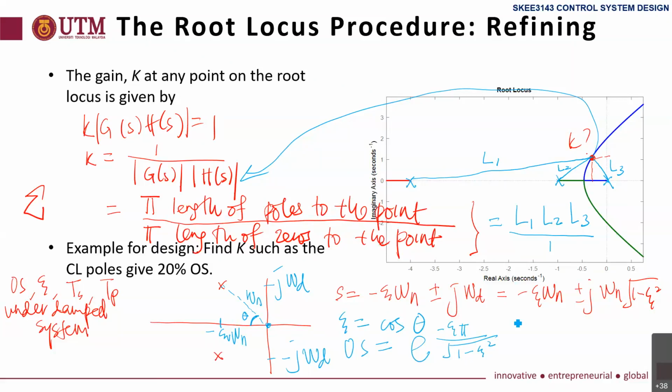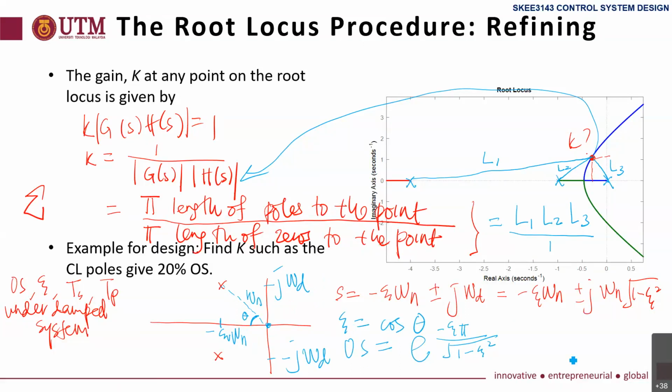So if we know the location of the pole, we know theta, we know zeta omega n, we know j omega d, we can calculate zeta, the damping ratio. Once we get the damping ratio, we get the overshoot.